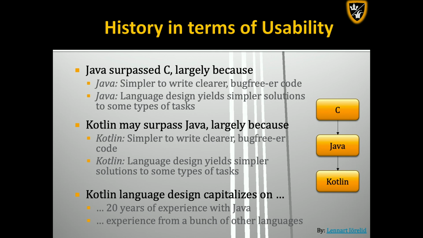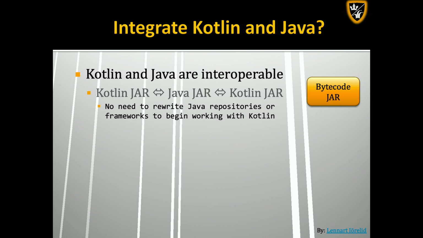However, Kotlin has some rather distinct design differences from Java compared to C. Because Kotlin is completely interoperable with Java. Java is not interoperable with C, right? So when you compile something from Kotlin, you get a jar, you get bytecode, just as you do with Java. And you can easily consume stuff that is written in Java in Kotlin, and vice versa.